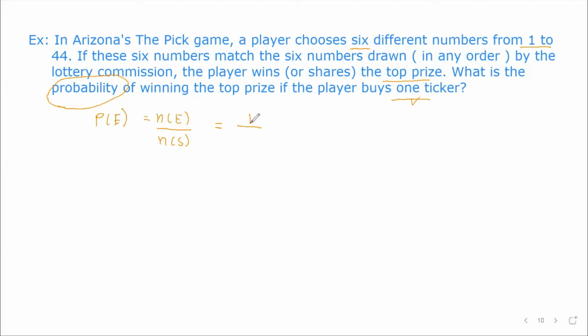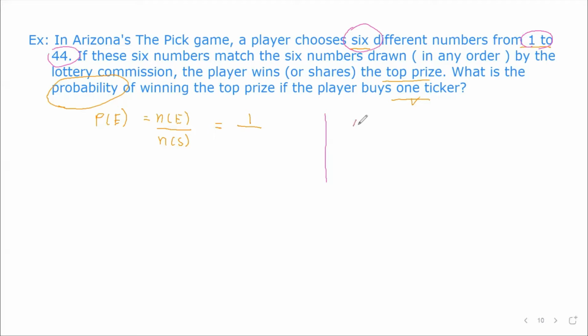But you have to find the NS. For this NS, we can use the combination we learned from the last lessons. We have this lottery from 1 to 44, so 44 numbers, correct, but the lottery needs only 6 numbers.